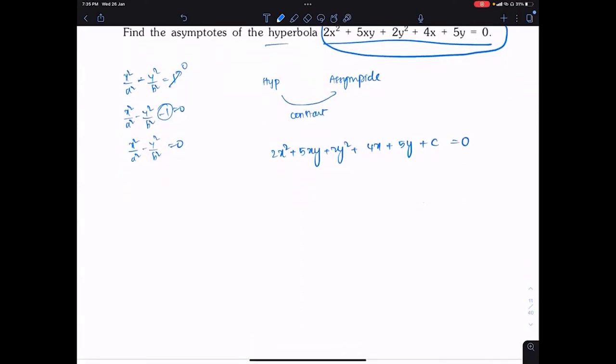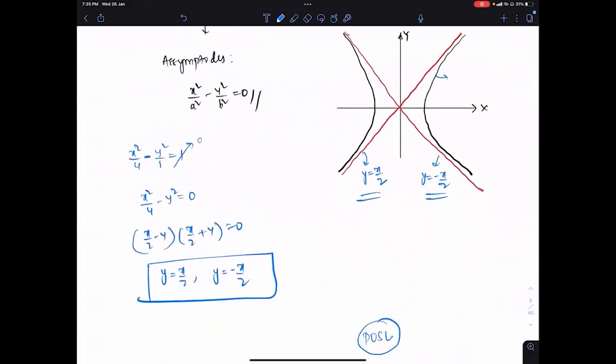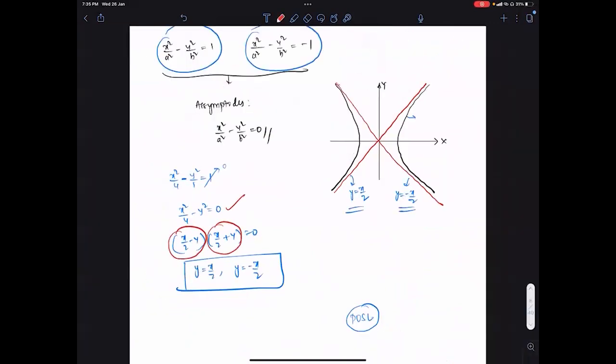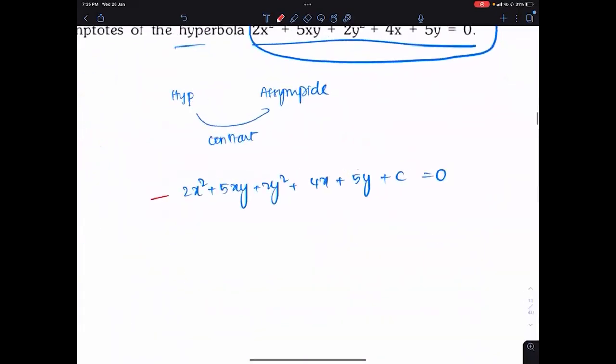Now, what are asymptotes? Asymptotes are nothing but a pair of straight lines. Here you see, by putting 0, what are we getting? We are getting a pair of lines only. Here, one line, second line. So asymptotes are nothing but a pair of straight lines. So this should be a pair of straight lines equation.